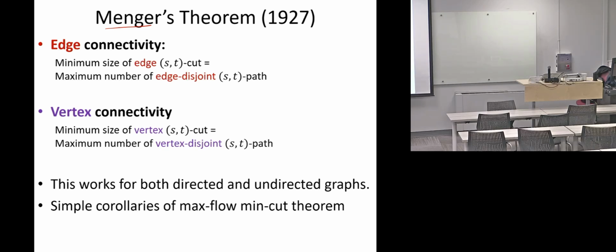The same for vertex connectivity. The minimum size vertex cut is the same as the maximum number of vertex disjoint paths. It works in both directed and undirected graphs. And it's just a simple thing that we can prove immediately once we know the max flow min cut theorem. Questions? All right.